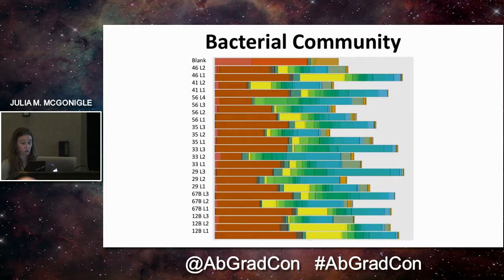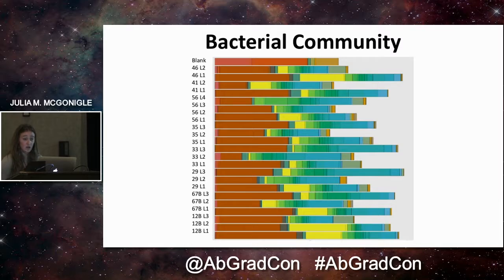And here's another plot, and so this is genus level again, and it's just kind of showing that it doesn't really change. The same colors are between all of the sequences. It's really just the sizes of what's there. So the abundances of the bacterial community are changing, not exactly the individual sequences themselves.